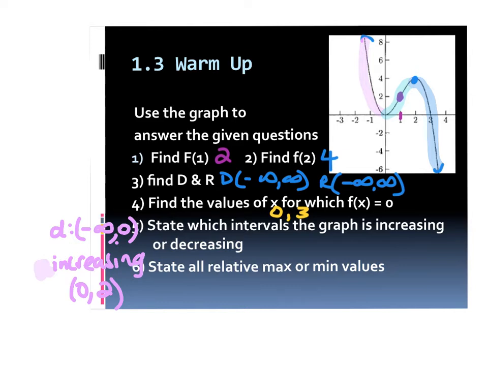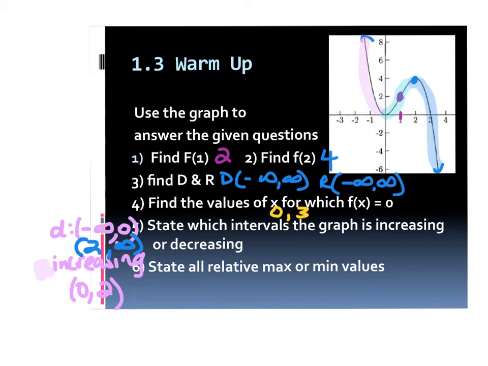So a point itself will never get a bracket if I'm describing it as increasing and decreasing. A point's a dot, right? It's not moving up, it's not moving down. The only time you're going to see a bracket on a point is if it's starting or stopping constant. So if my graph all the way on the left starts constant, or my graph all the way on the right stops constant. Those are the only times you're ever going to see a bracket on increasing, decreasing behavior. Okay, so we decrease back here from 2 to positive infinity.